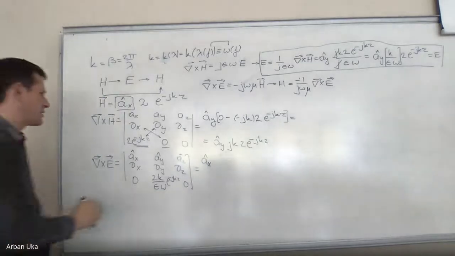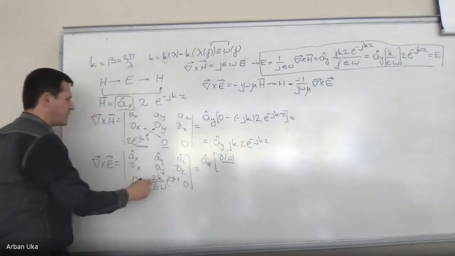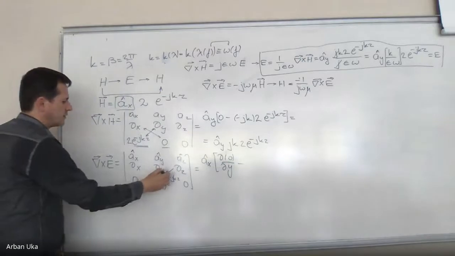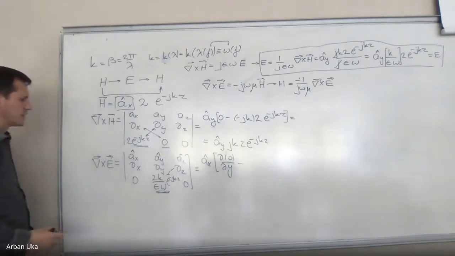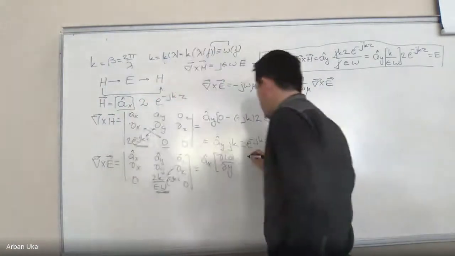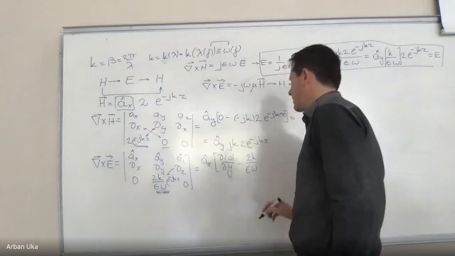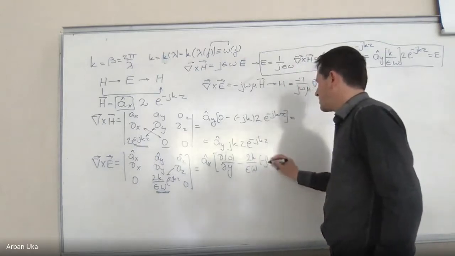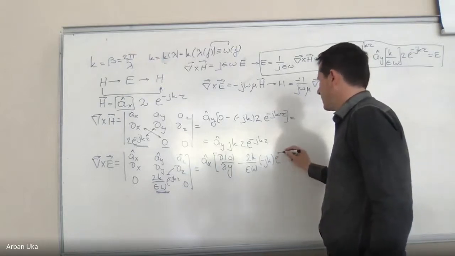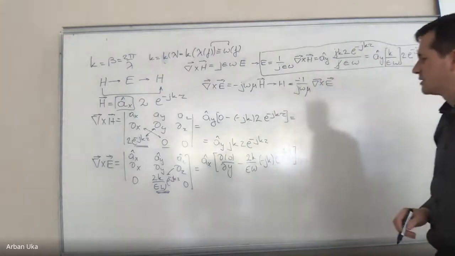And this ax will be equal to the derivative of 0 with respect to y, minus the derivative of this term with respect to z. So the derivative of this term with respect to z will be minus 2k over permittivity times omega times minus jk e to the power minus jkz. So this is the curl.